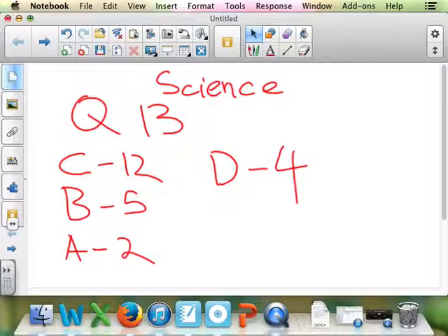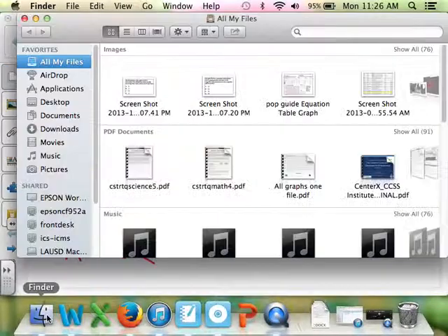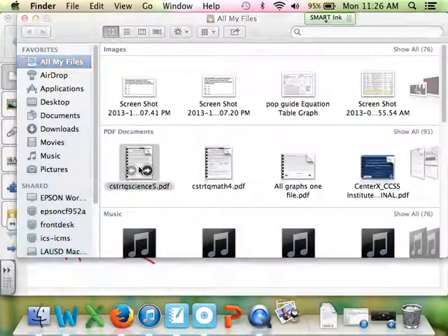So we're kind of all over the place with C being the most popular answer. Let's see what the correct answer is first, and then discuss why afterwards. Do you guys think it will be C because the most people pick C? No. Maybe. Let's find out. I have my science right here.